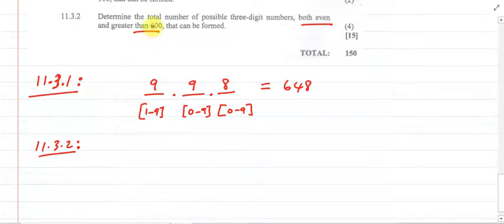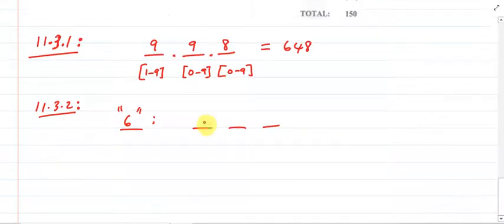Alright, so let's try. Let's start the number with 6. If a number starts with 6, then I only have one possible option here because I'm starting the number with the 6. Why am I starting the number with the 6? Because I want the number which is greater than 600 and it needs to be even. So I only have one possible choice here. Now remember, you can't use a 6 at the end because then you'll end up repeating.